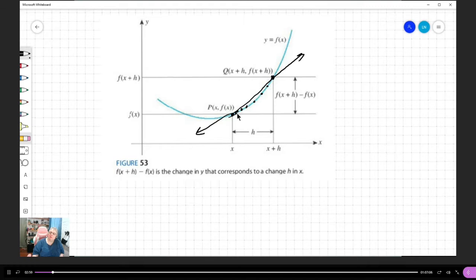And when I do that, I will have a line that has rotated around and become tangent to the curve at that point.